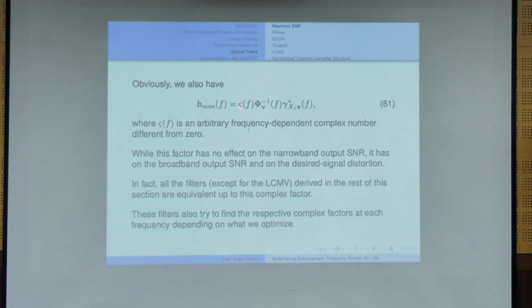So we have this variable. The only difference between them is with these values. You see, we choose here a scalar value for each frequency. But if we change it, you see it doesn't really affect the narrowband output SNR.